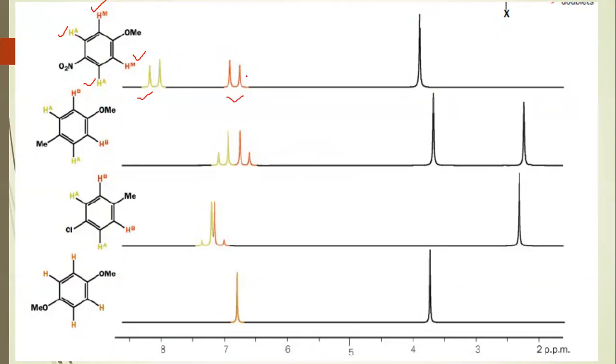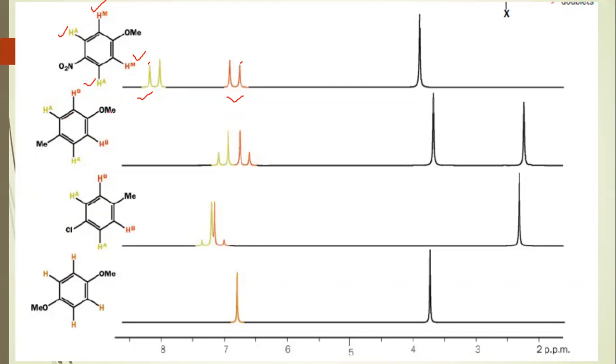Now see the two doublets, how they appear. Slight distortion in the outer line intensity is there, but we can identify them as doublets. So this is one doublet, this is the other doublet. Now let us look at the next example where these two protons are chemically identical and these two protons are chemically identical.